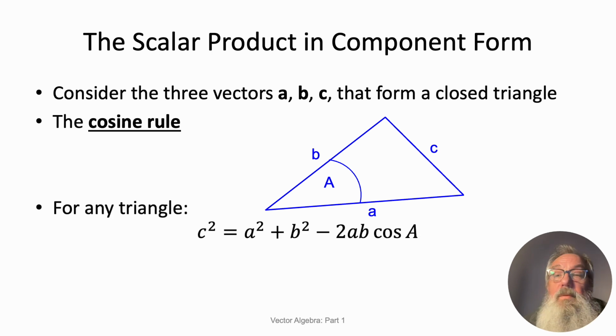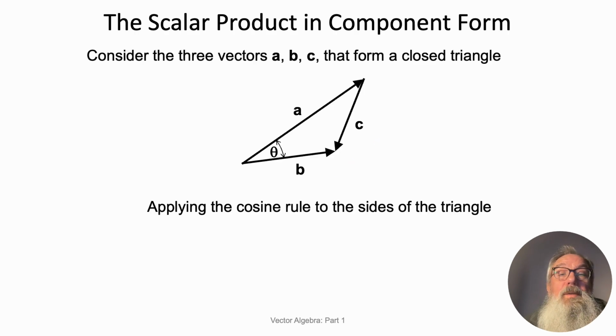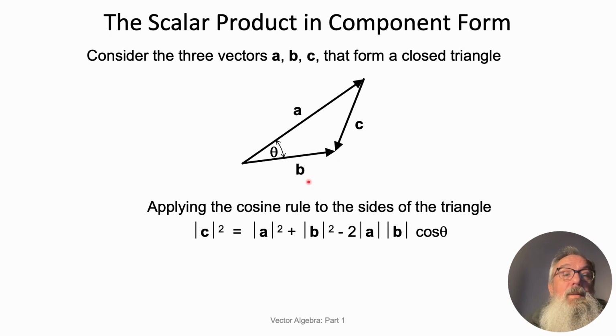So for any triangle, we've got this cosine rule, which you're aware of from your previous math studies. Let's apply this cosine rule as though we've got these two sides A and B of a triangle, and there's our vector C.